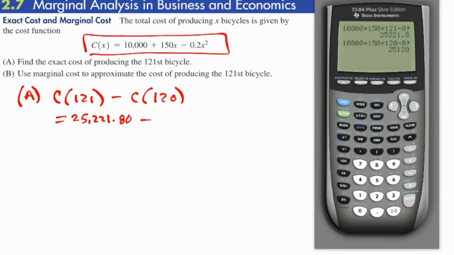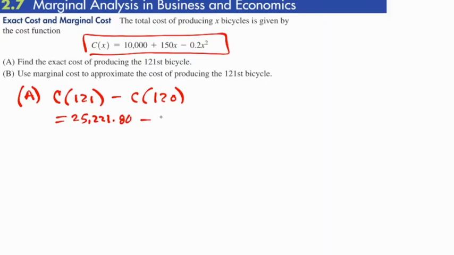And C of 120 gives us $25,120. And we see that the difference is $101.80. So this is the exact cost of producing one more bicycle when production levels are at 120 bikes per week.